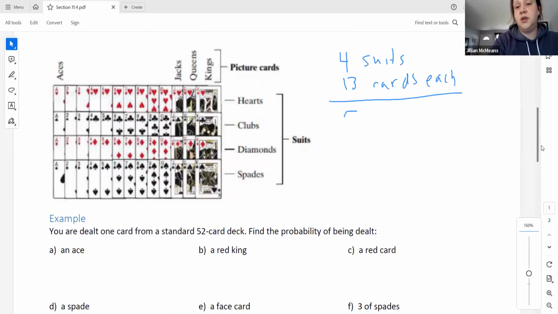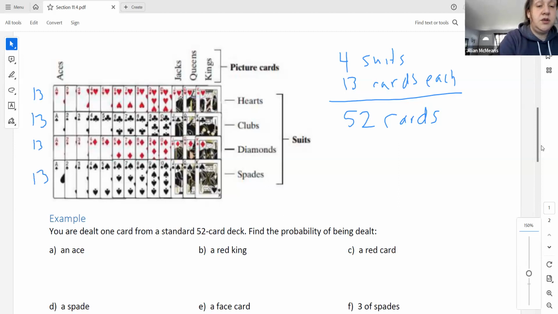So that's a grand total of 52 cards. You're dealing with a 52 card deck. That means there are 13 hearts, 13 spades, 13 diamonds, and 13 clubs.